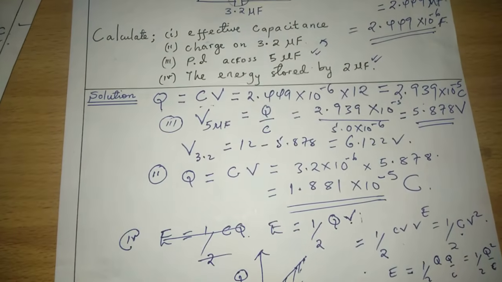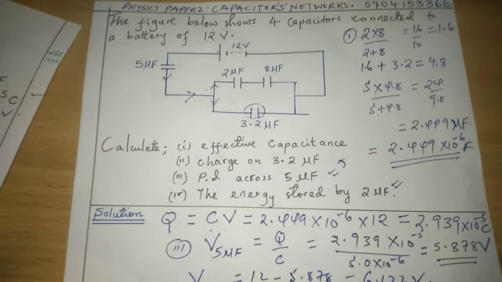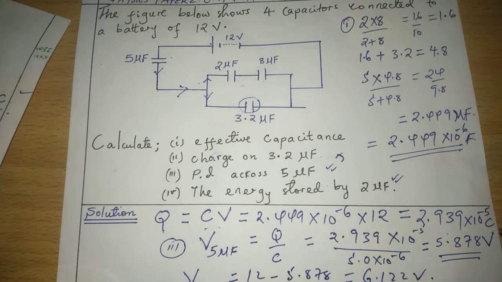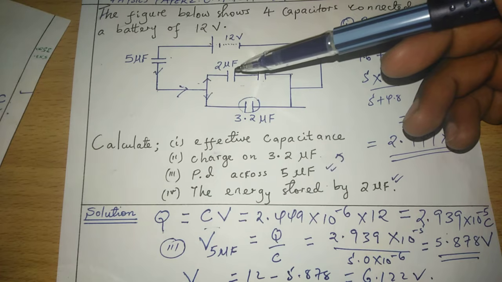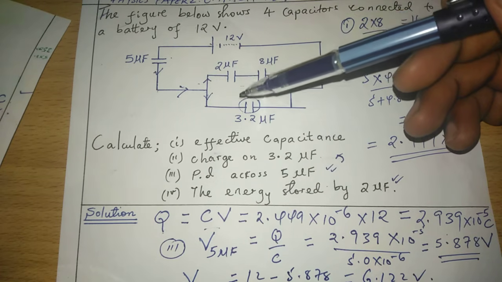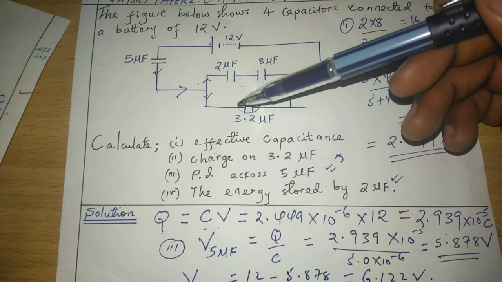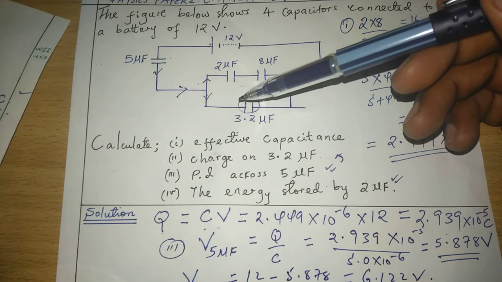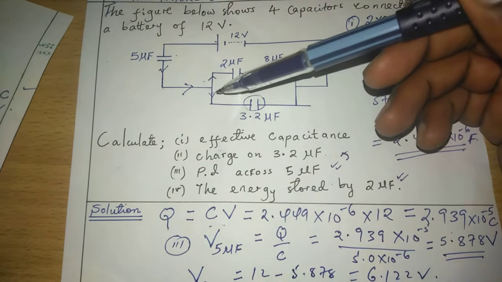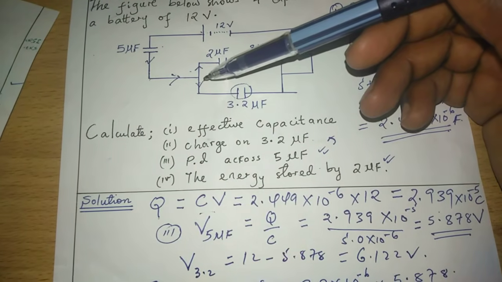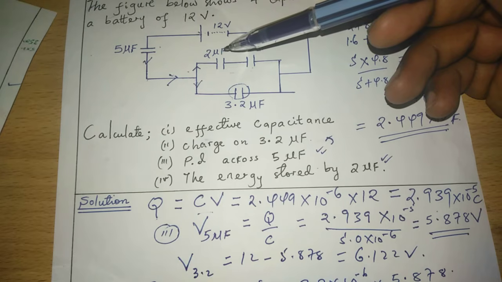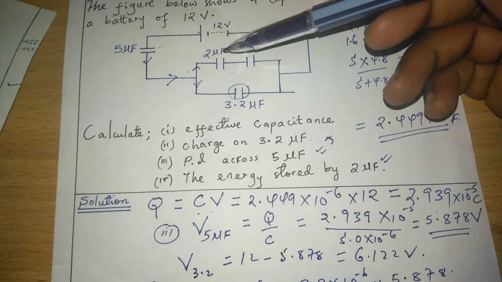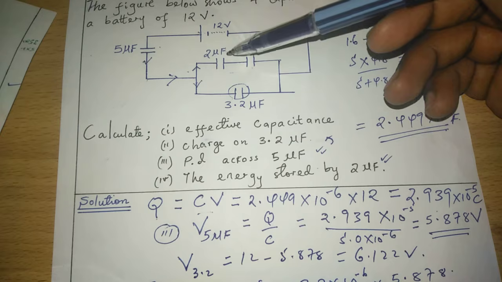So when we multiply this with voltage, remember, voltage should get to this one uniformly, such that the voltage of 5.878 which passed in the 5, the balance we said is 6.122 which came here and redistributed itself uniformly. So the same voltage of 6.122 comes to this capacitor.